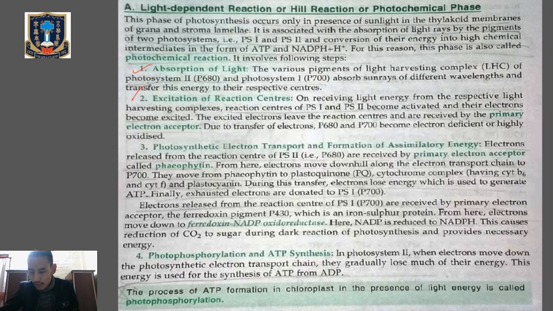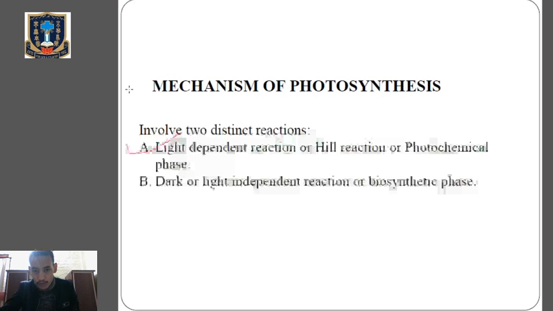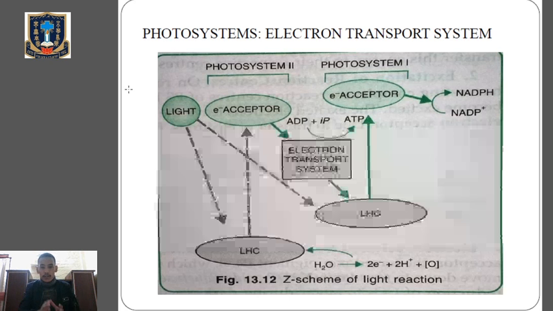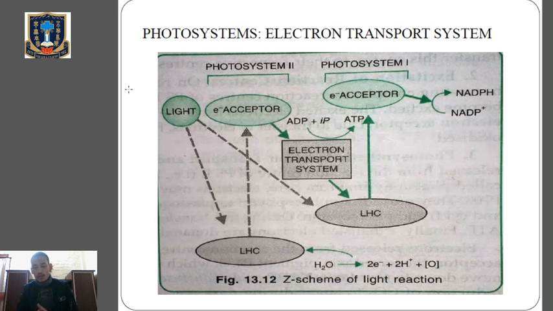So what we have learned till now is that, let's go back to the figure, that the PS2 and the PS1 will receive the light of wavelength 680 nanometer and 700 nanometer. PS2 is also called P680 and PS1 is called P700. So when the LHC of PS2 and PS1 will receive the light of different wavelengths, they will transfer that light into the respective reaction center. Clear?